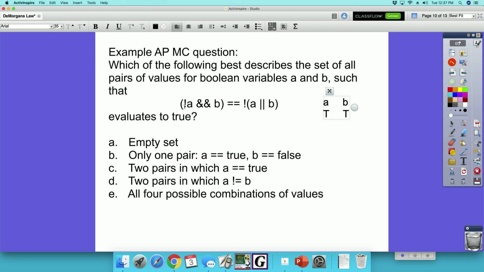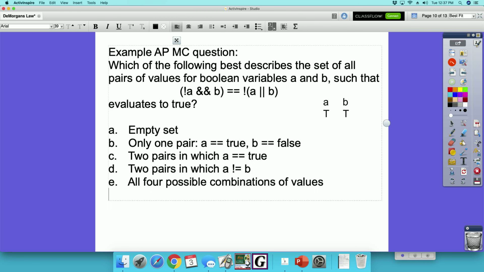So this is not true, is false, because this is false, this and is false, because with an and you're going to have both true. So this side is false. All right, so we have true or true is true, but not true is false.